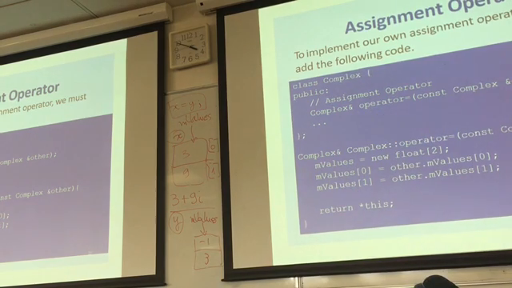So we have to have in mind that our assignment operator has to work not only for complex type, but for any possible type. We are talking about the general pattern for an assignment operator.